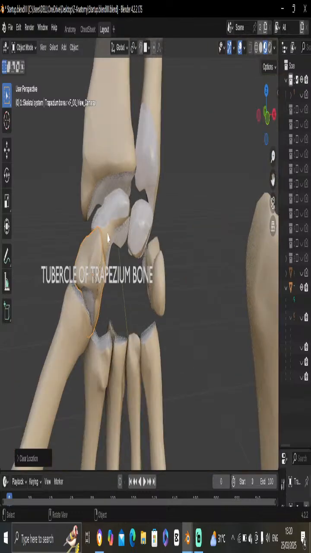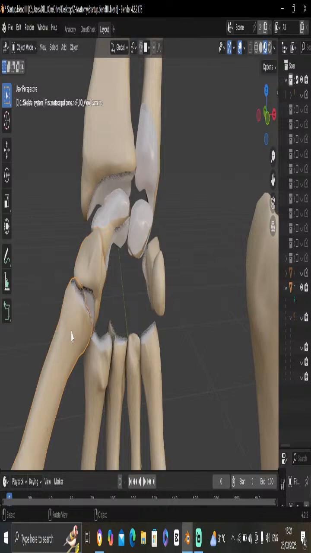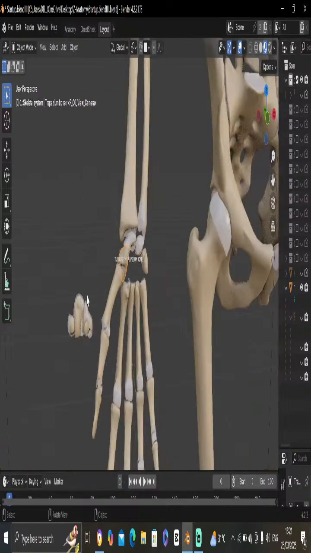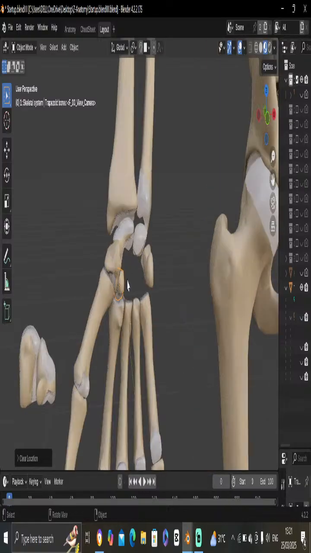The trapezium articulates with the scaphoid and also with the base of the first metacarpal. This is the metacarpal. There's a saddle joint in between the first metacarpal and the trapezium. Then medial to the trapezium, we have the trapezoid. It can be confusing, trapezium, trapezoid. We'll talk a little bit about that later.